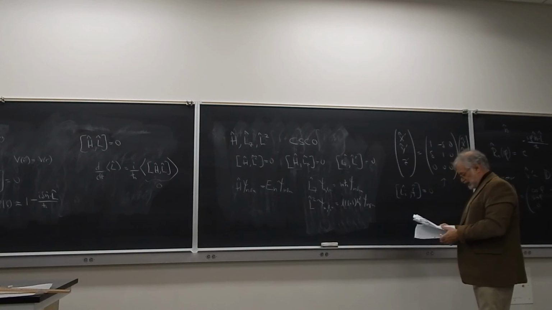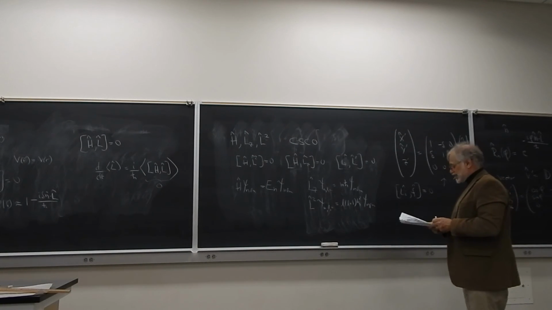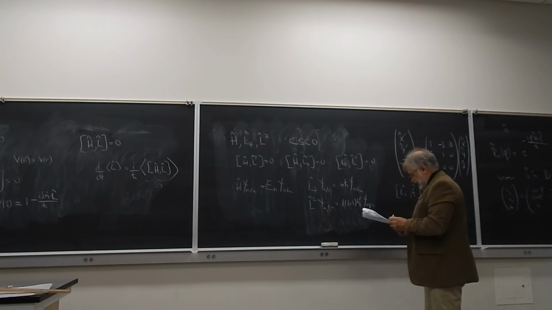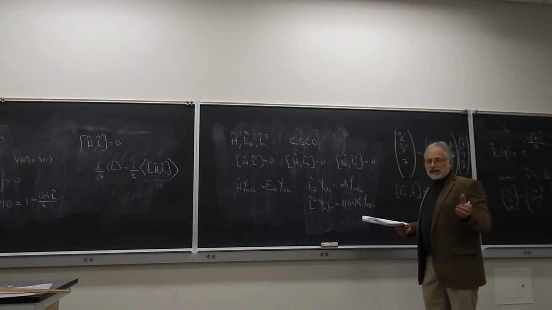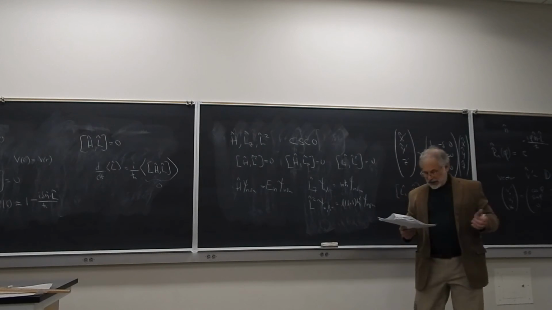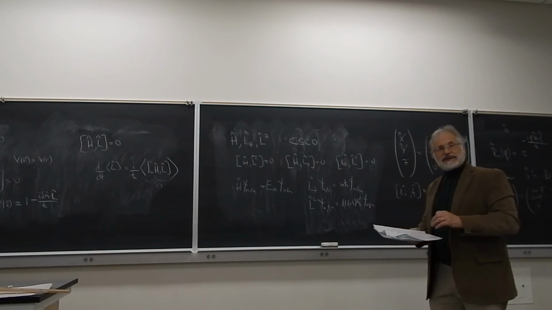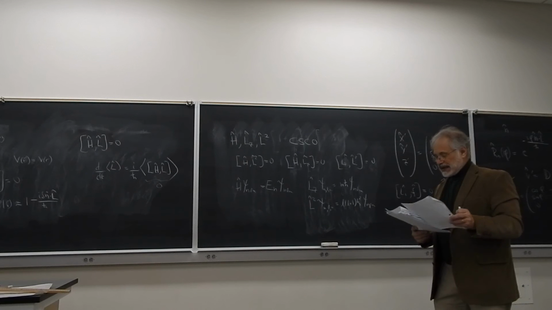So the quantum numbers n, l, and m uniquely specify a bound state of the Hamiltonian. Examples of this, of course, we've seen already: the hydrogen atom, the harmonic oscillator, the infinite spherical well. Good examples all.